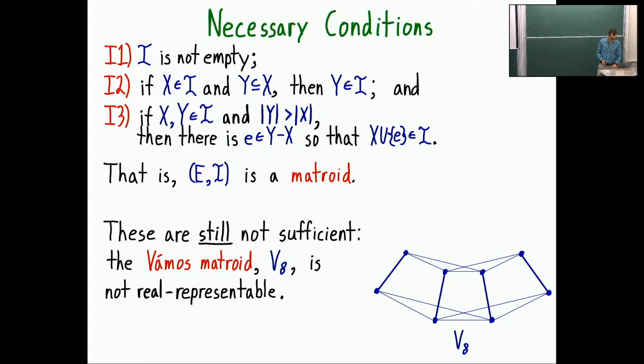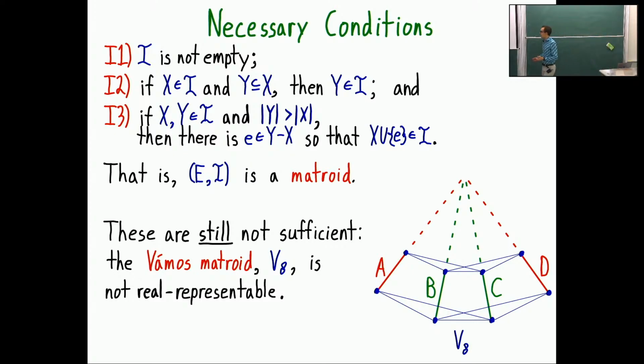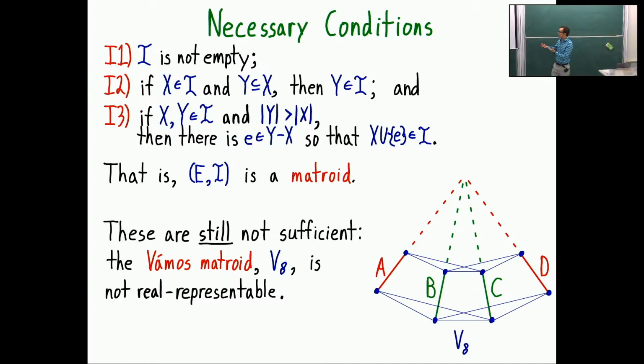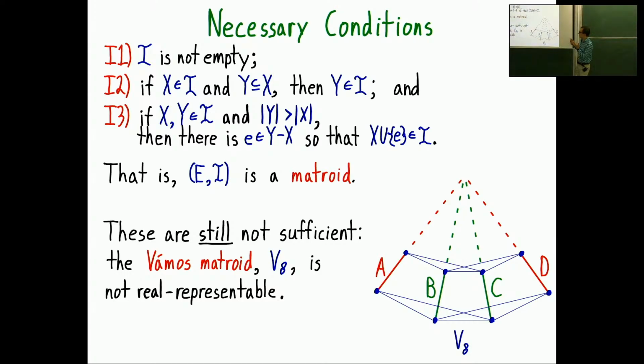We can see why this is not representable. Because the lines B and C are on a common plane, they'll have an intersection point. So we'll assume this has a real representation and show that this is impossible.